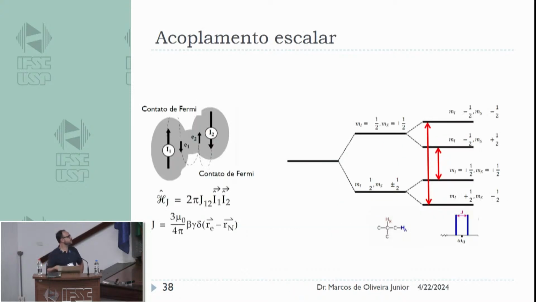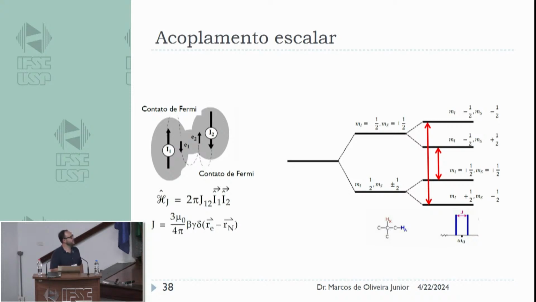So the last interaction is the scalar coupling or J coupling. I put in Portuguese here. It's the interaction that is mediated by the electrons that are in a bond. So this nucleus causes perturbations in this electron that transfers to the other nuclei, and then we can have splittings of our energies here.